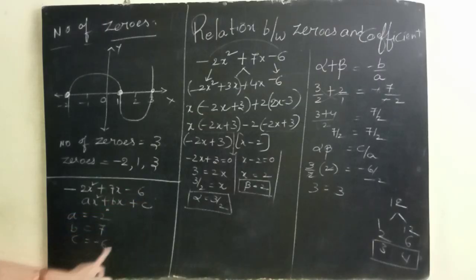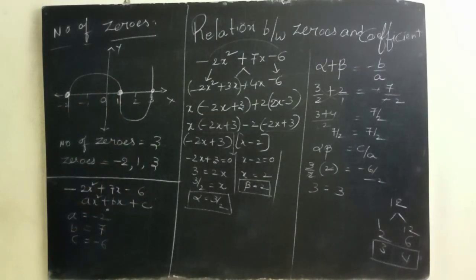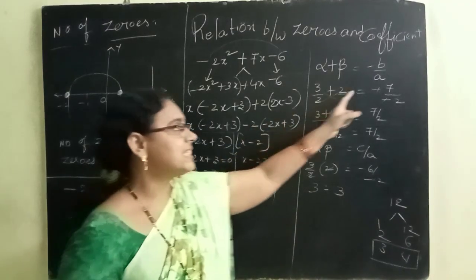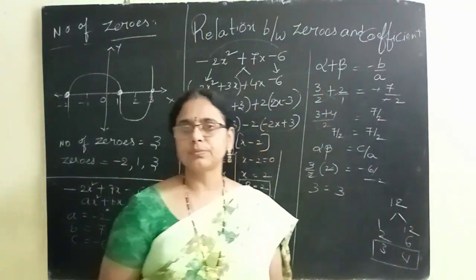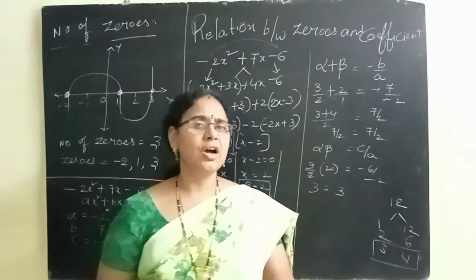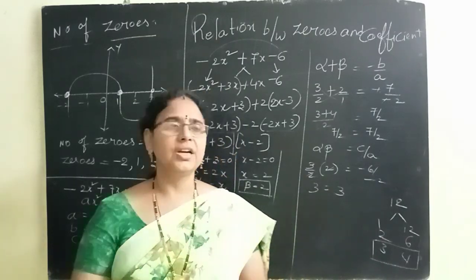C constant, minus 6. Now alpha plus beta is minus b by a. Minus b means minus 7, a means minus 2. So minus 7 by minus 2. In the numerator you have minus, in the denominator you have minus.